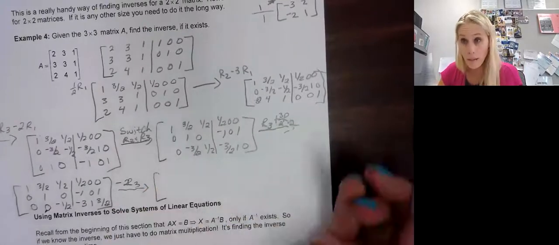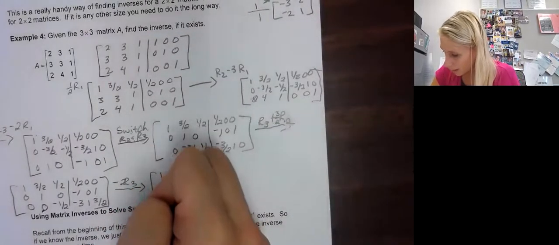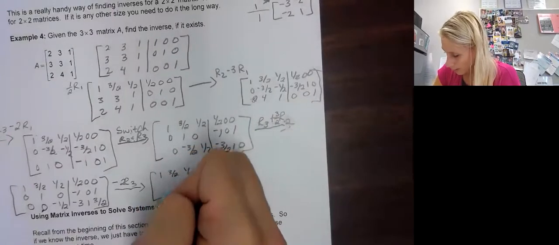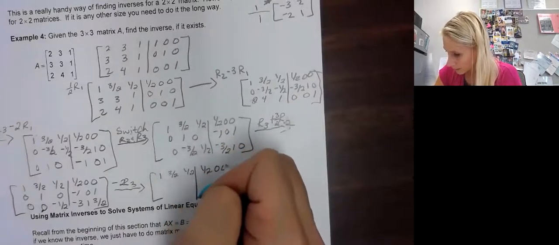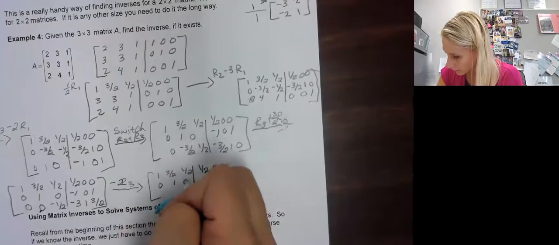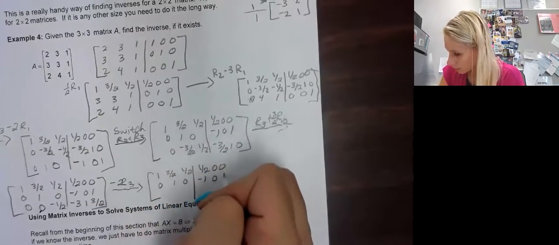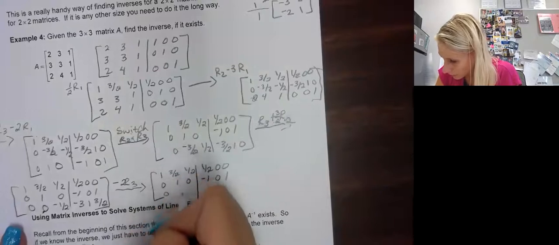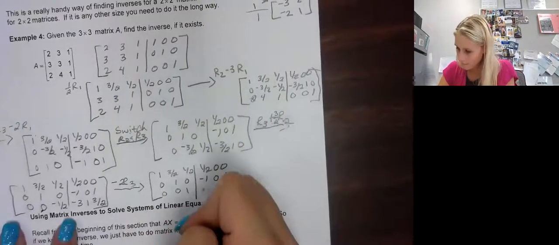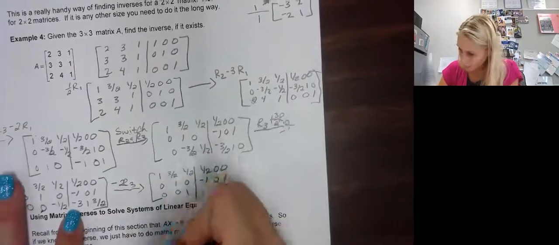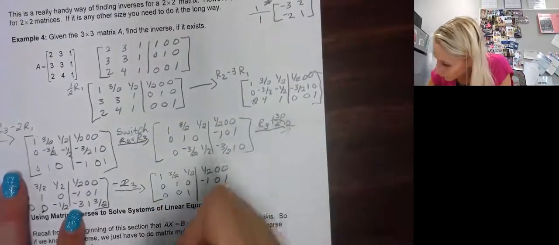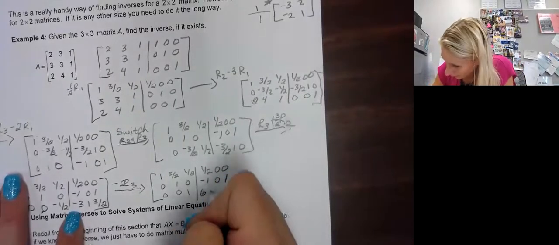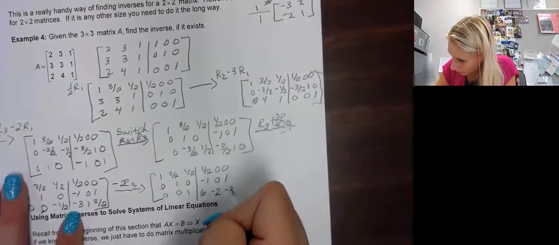I'm running out of room, everyone. So 1, 3/2, 1/2, 1/2, 0, 0, then 0, 1, 0, negative 1, 0, 1. Let's multiply row 3 by negative 2: 0, 0, 1, positive 6, negative 2, negative 3.